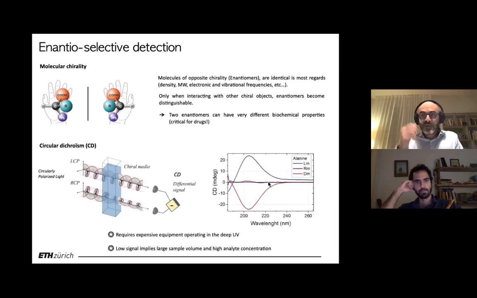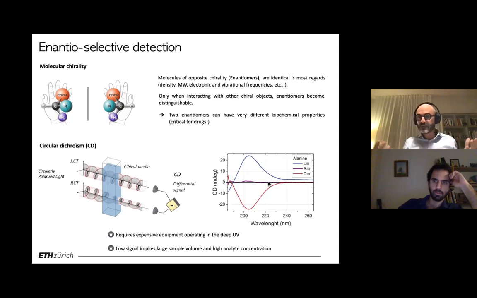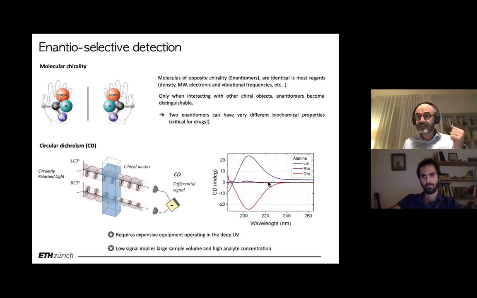Normally, two enantiomers, two molecules that are mirror images of each other, are very similar. The way to discriminate between them is usually to make them interact with another chiral object. And so what people have been doing for many years is to use chiral light as the chiral object.